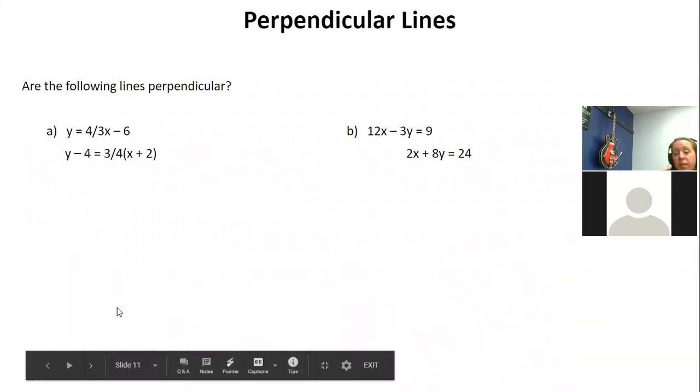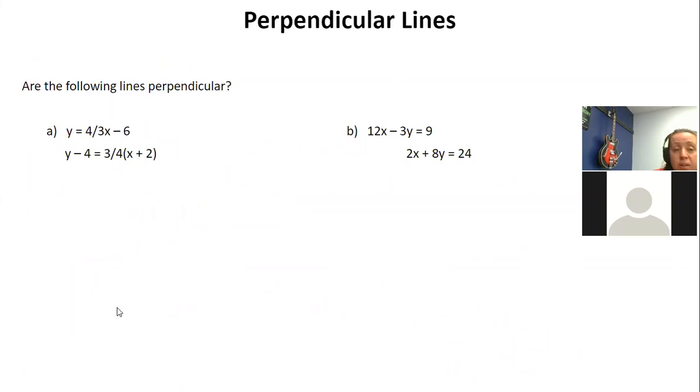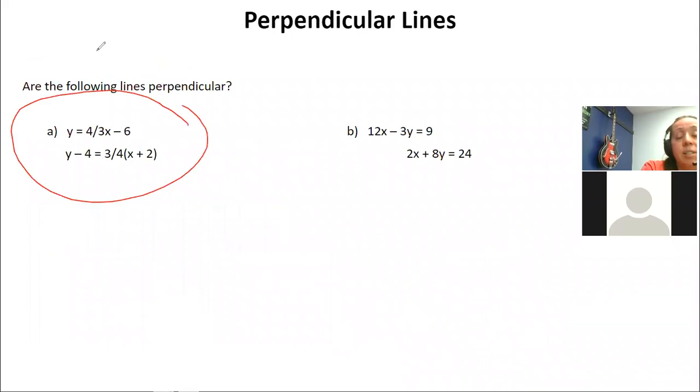Okay, so now we want to determine if these lines are parallel. Let's look at A, or perpendicular. I always do that. Let's look at part A there. Are those perpendicular? What do you guys think? Are these perpendicular? Piper says no. Why does Piper say no?